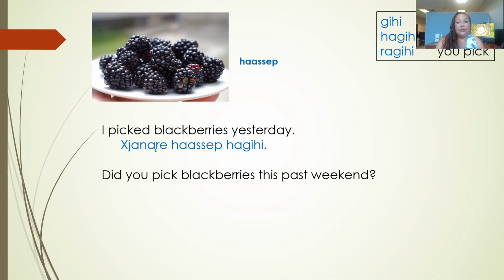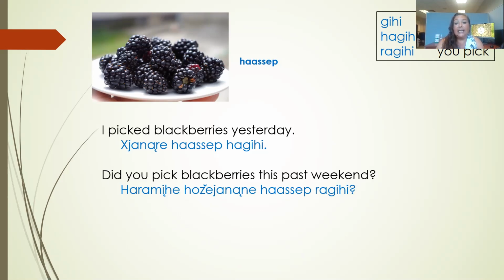Did you pick blackberries this past weekend? Now, how do you say this past weekend? Did we go over this? We may have, but I'll tell you what it is. Haramihe hoje janare. Hasap ragihi. Haramihe is like a week all by itself.